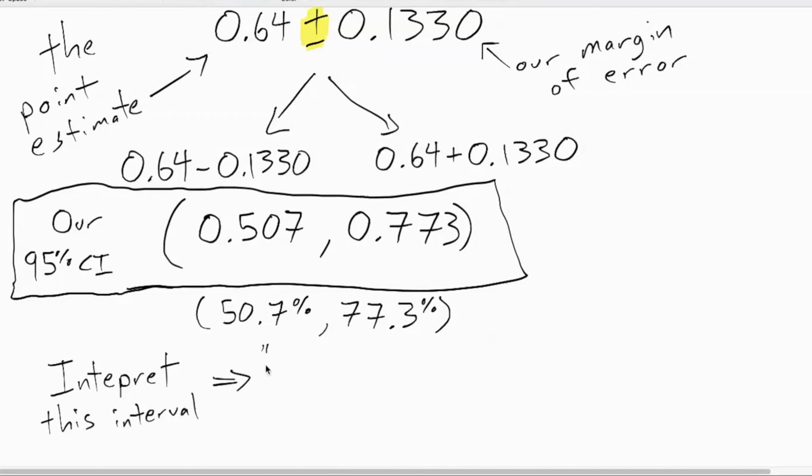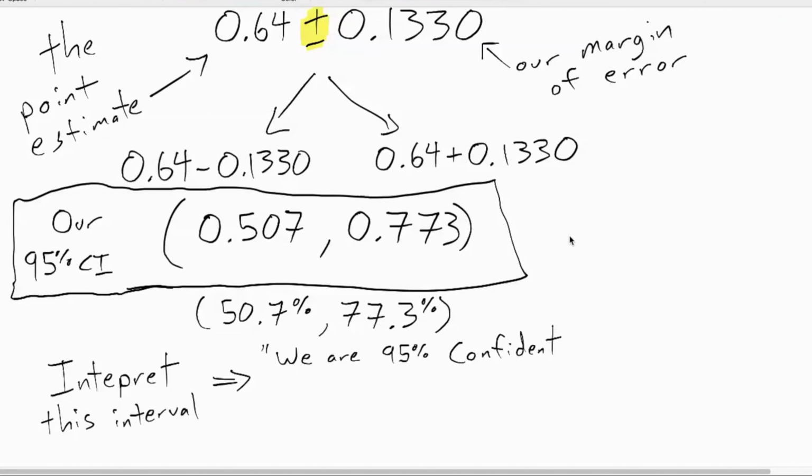And so the interpretation, in a nerd way of speaking, starts out with the phrase, because we did a 95% confidence interval, we're 95% confident. That's a strange phrase, I know, but it's basically saying that we're pretty sure.